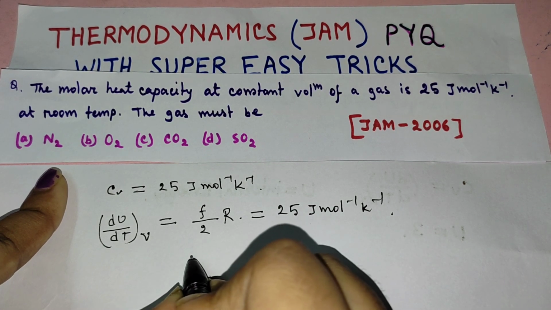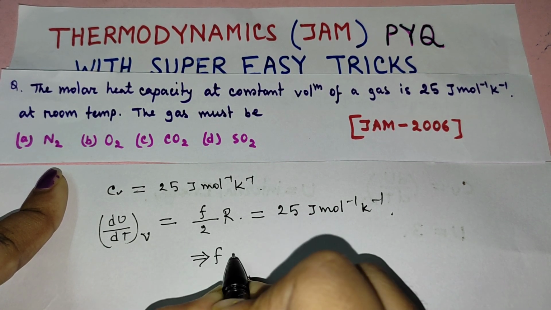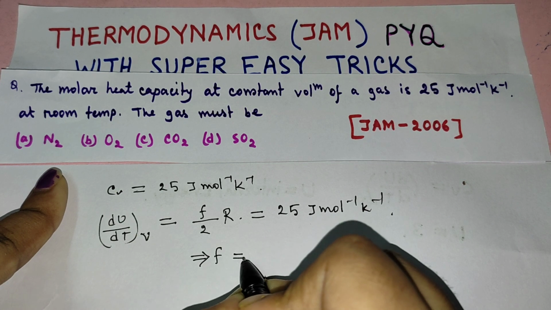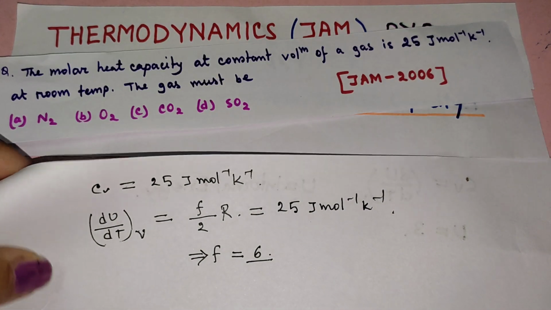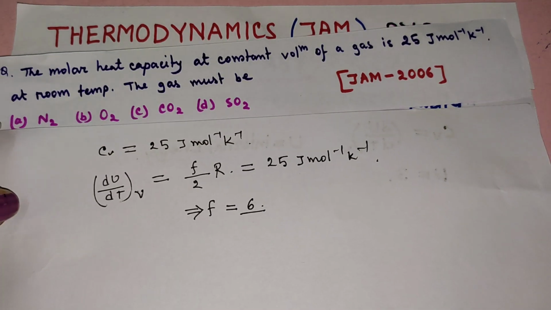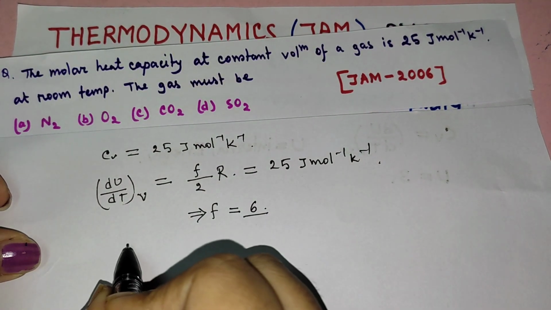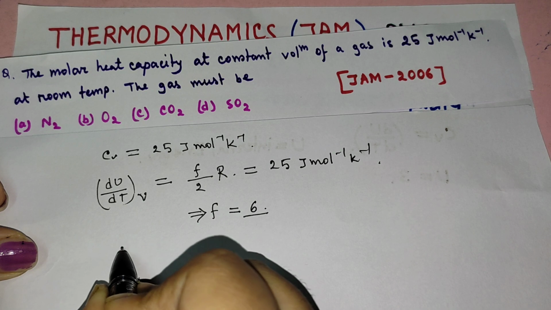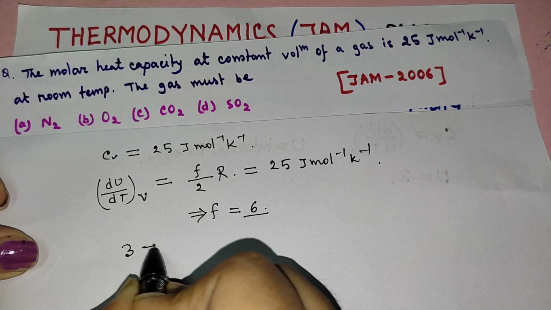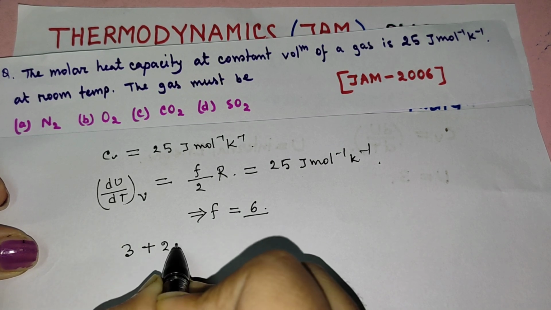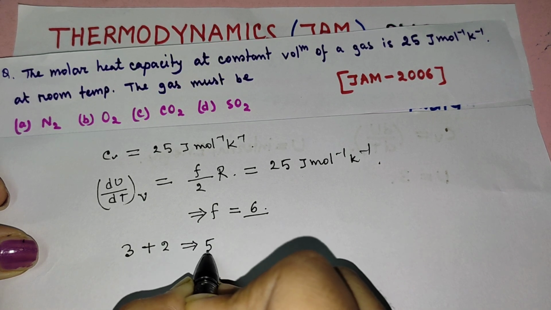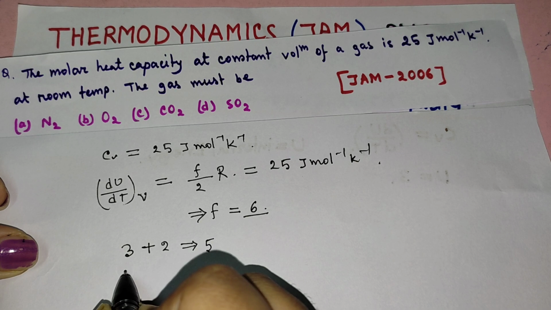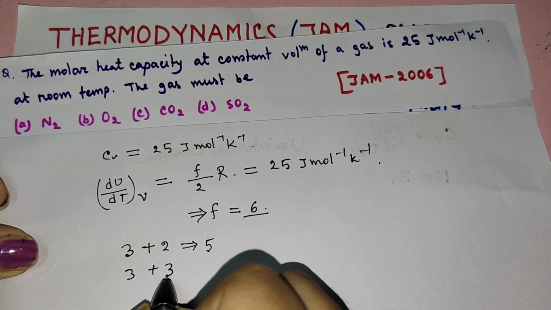Now after calculating, F is equal to 6 without vibrational contribution. For a linear molecule, 3 translational degrees of freedom plus 2 rotational degrees of freedom, total degrees of freedom is 5. For non-linear, 3 plus 3.